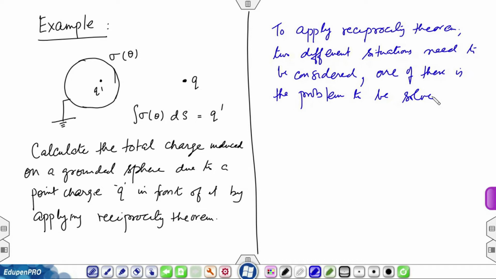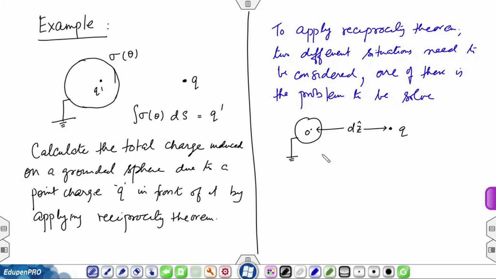So, let us say the problem I am solving is this grounded sphere and q in front of it at a distance d z from the center, and let us take the center to be the origin.